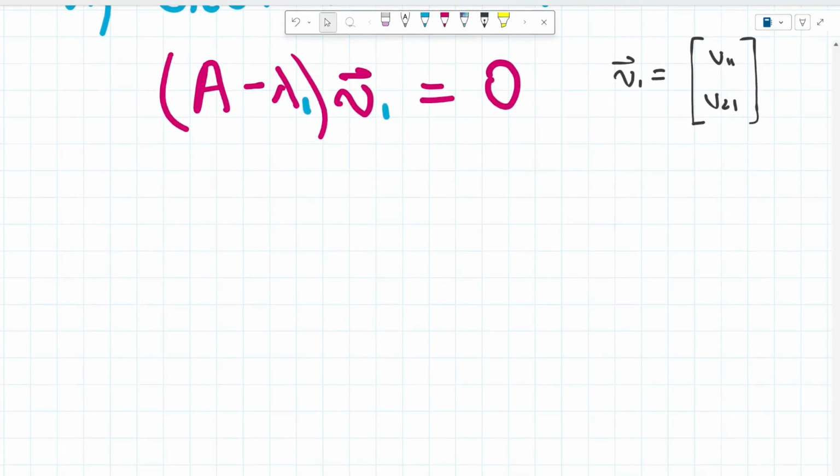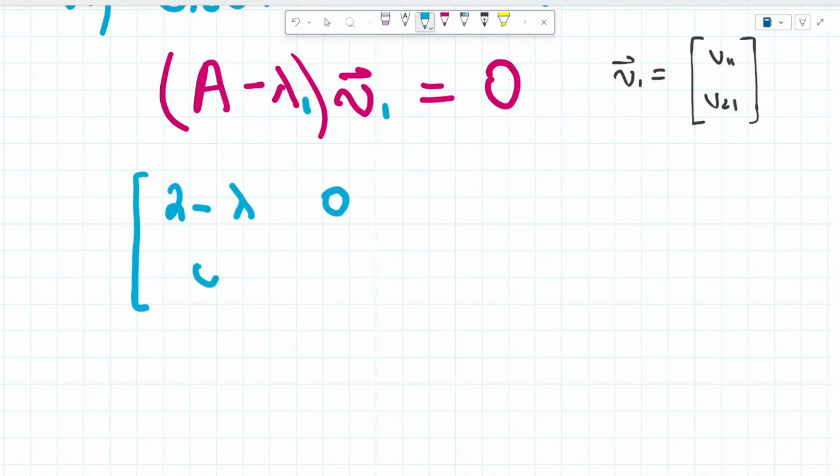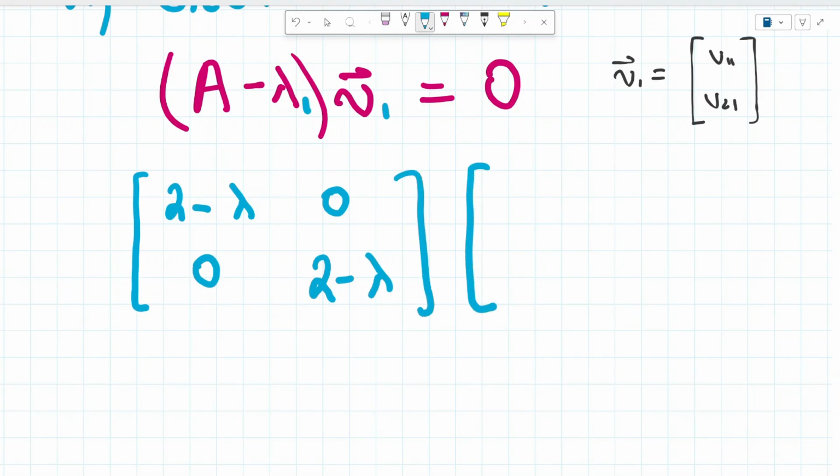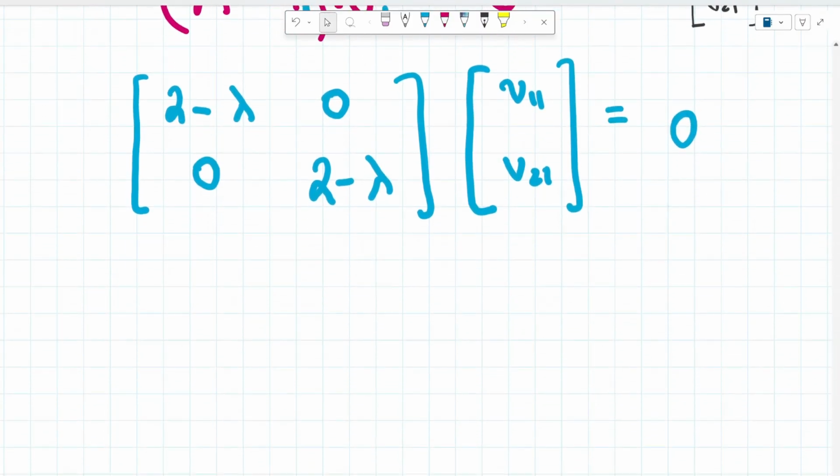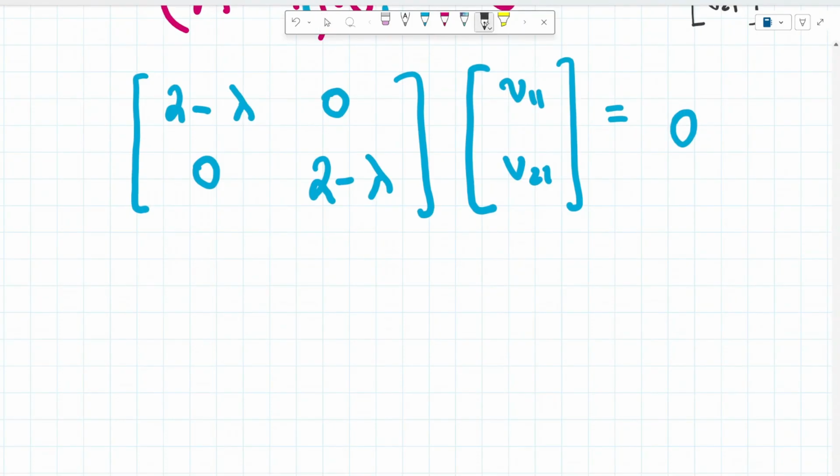So let's go ahead and plug our numbers in. We've got our matrix, which is 2 minus lambda, 0, 0, and 2 minus lambda, and we're multiplying that by v11, v21, and setting that equal to 0. When we perform matrix multiplication, it's very important that we have the right dimensions, or else it cannot be performed.